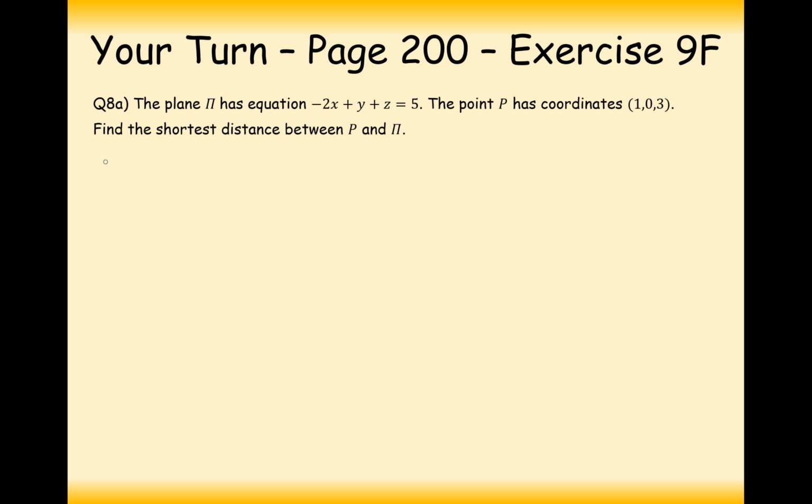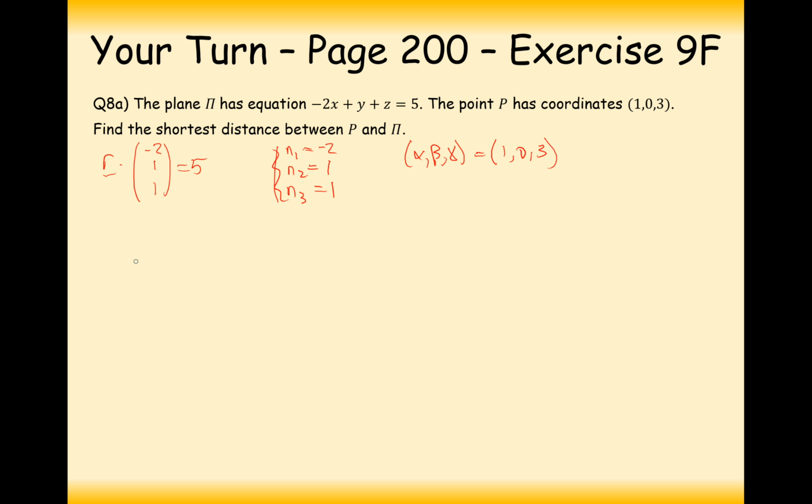Right then, let's have a go at this question. So the plane can be written as minus 2, 1, 1 equals 5. So we've clearly got n1 equal to minus 2, n2 equal to 1, and n3 equal to 1 as well. We've got a point alpha, beta, gamma, which is the coordinate 1, 0, 3.